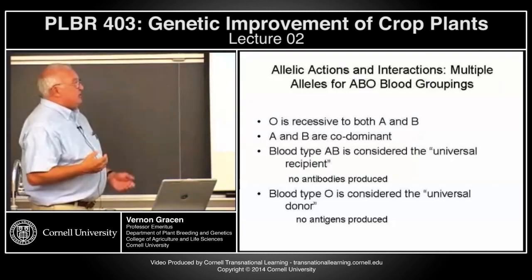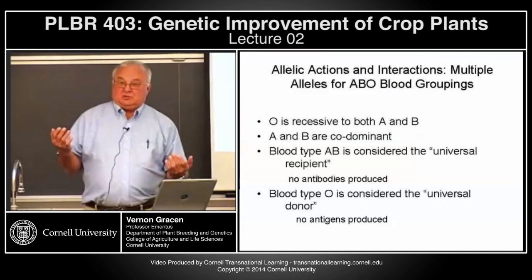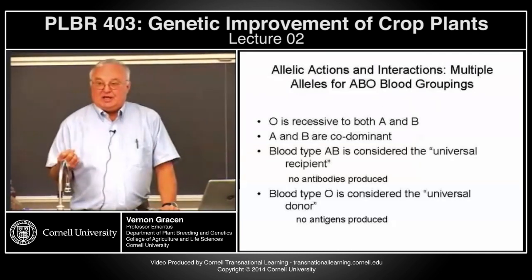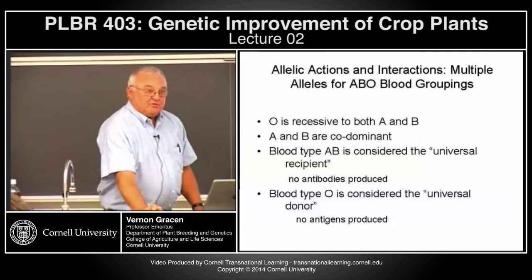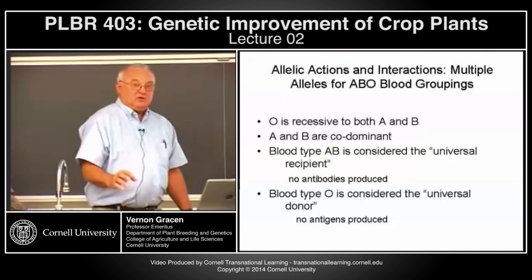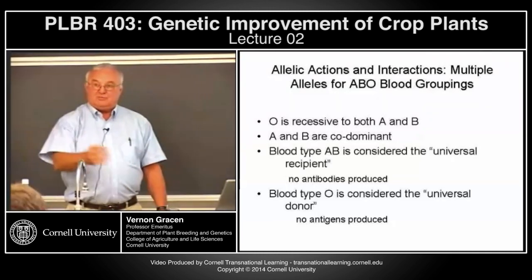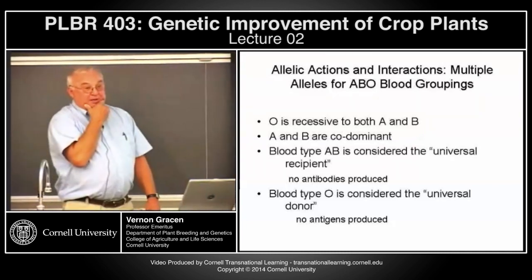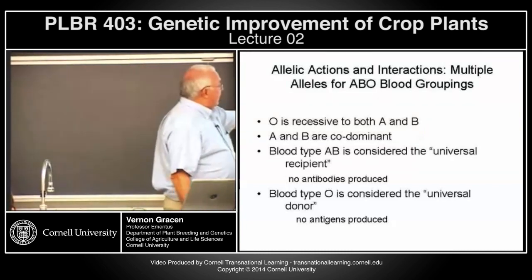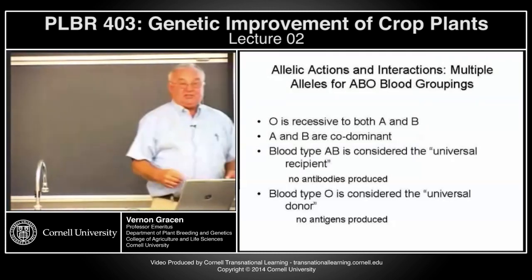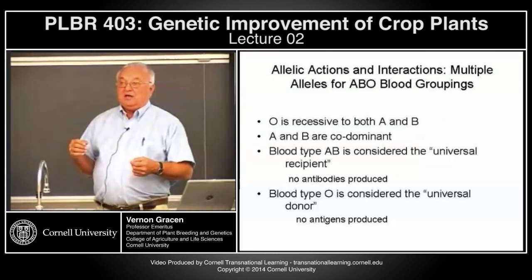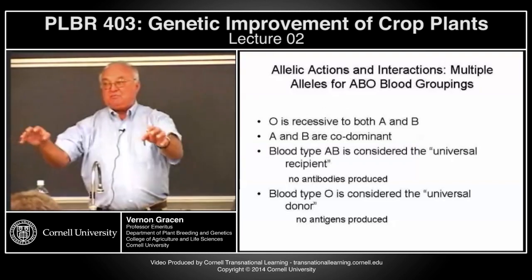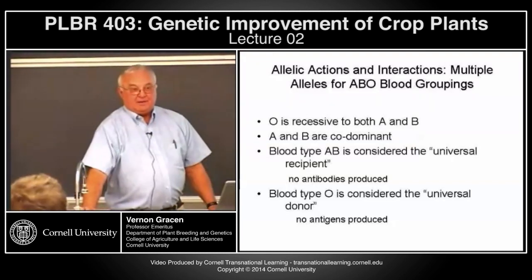So AB is a universal recipient. It doesn't produce antibodies to either the A type or B type. So if you have an AB blood type, you're lucky. You can get a transfusion of blood from anybody. If you're O blood type, you don't produce antigens to either A or B, and so you can give blood to anybody.